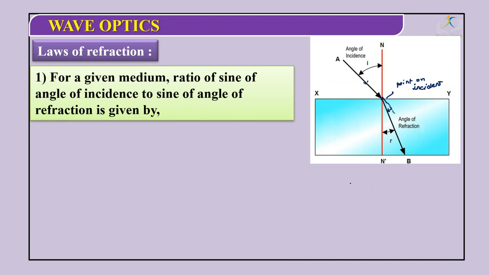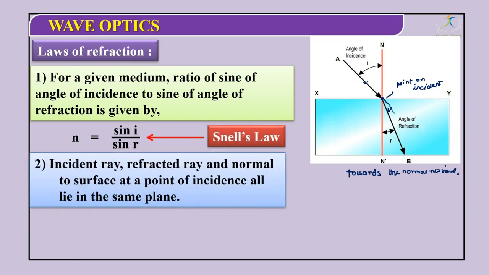Where does the bending occur, students? Towards the normal. Now n is equal to sine i by sine r. This is Snell's law.